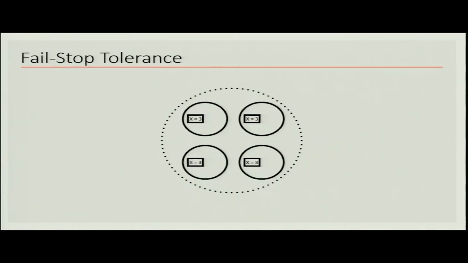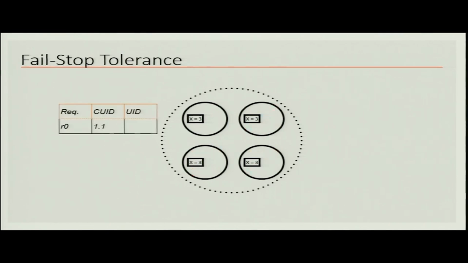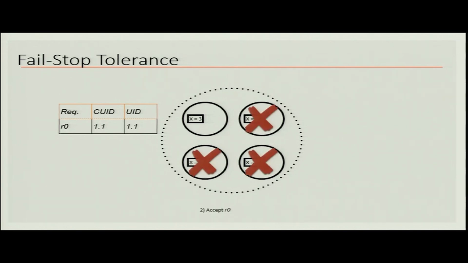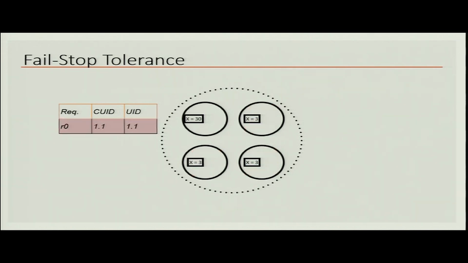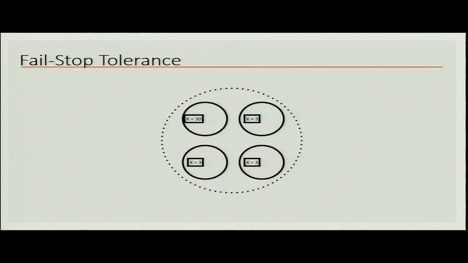In fail stop tolerance, let us say 3 of them fail, and you have this transaction, and this guy is the only one working. So you accept R0 and that is it, and there is no problem. Now all the other ones will have the same old value of 3.